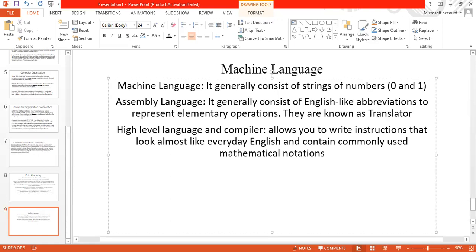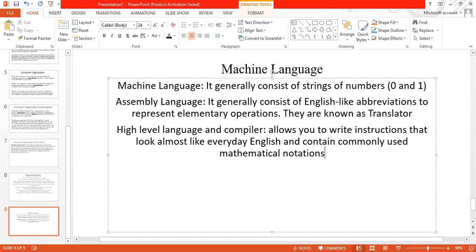So we have the interpreter. Like I said earlier, we can find interpreters in our religious circles, where they interpret maybe to the indigenous language of people while the pastor is preaching. And don't forget that this might in one way slow down the preaching of the pastor, because the pastor needs to wait for the interpreter to interpret before he proceeds.